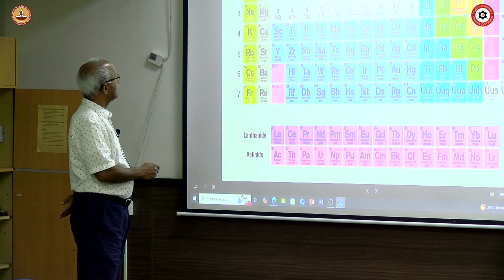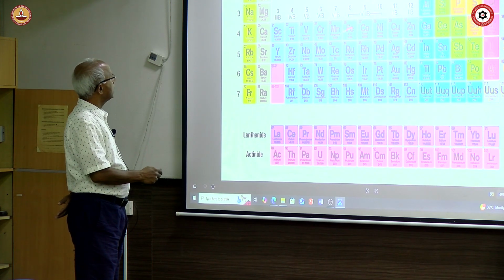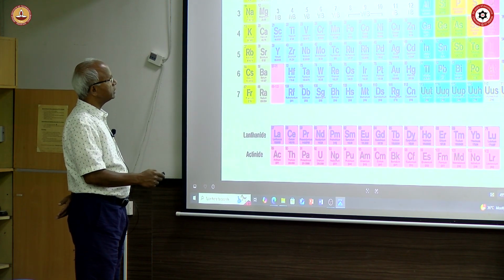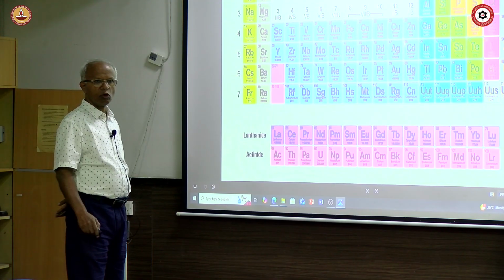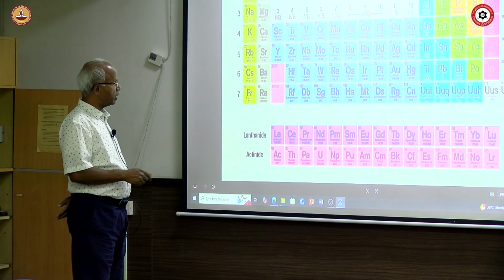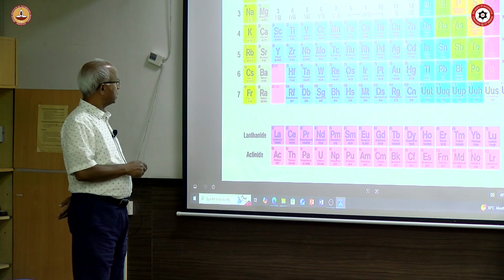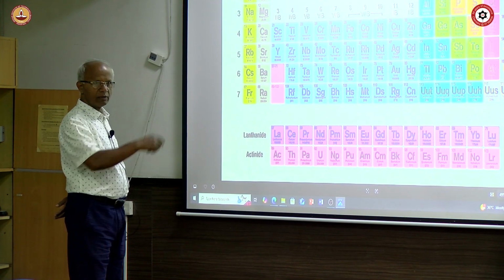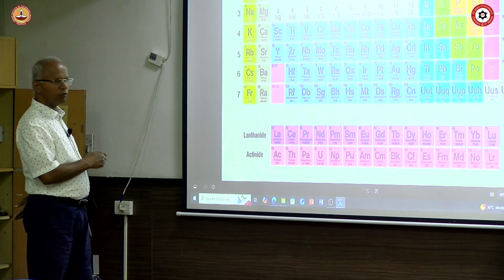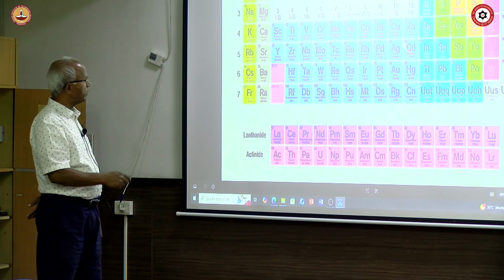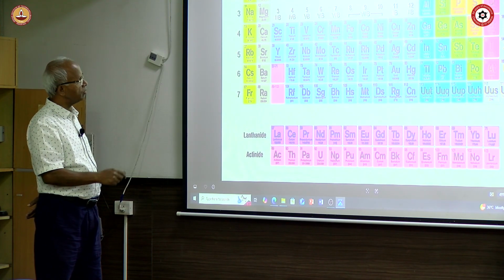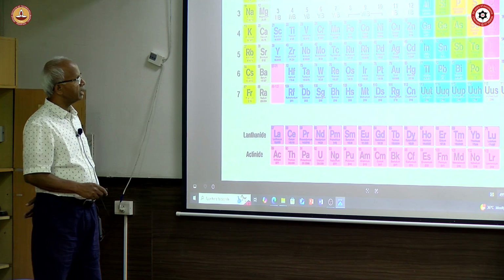So these are group 1, 2, and then there are 10 of them here, right? So 12, 13, 14, 15, 16, 17, 18. That is group 1, group 2, group 3. Generally, this is an old periodic table that has numbered 1A and 1B and all that. But currently it is 1 to 18. So in between you have 10, then 2 of them here, and 6 of them, right?